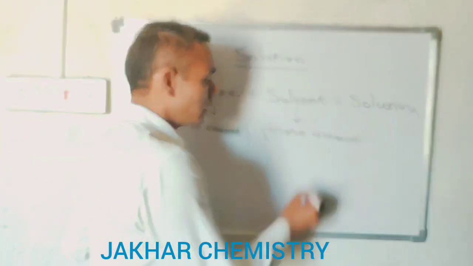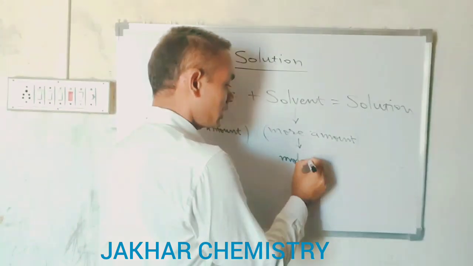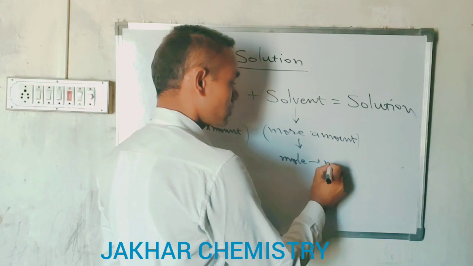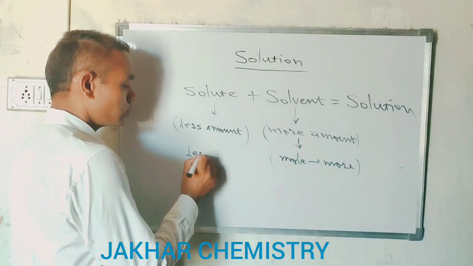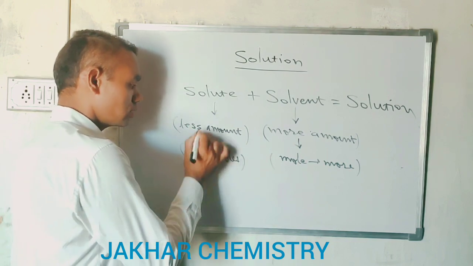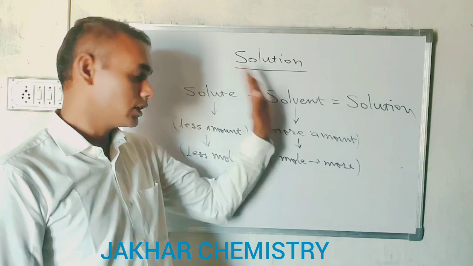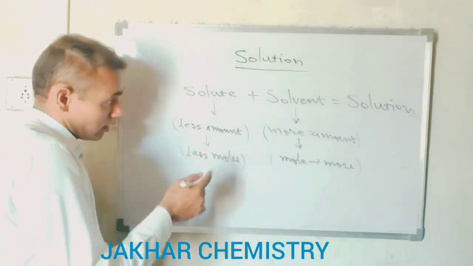And to remember, amount is measured in moles. So we can say more moles for solvent and fewer moles for solute. So this is the criteria to determine solute and solvent.